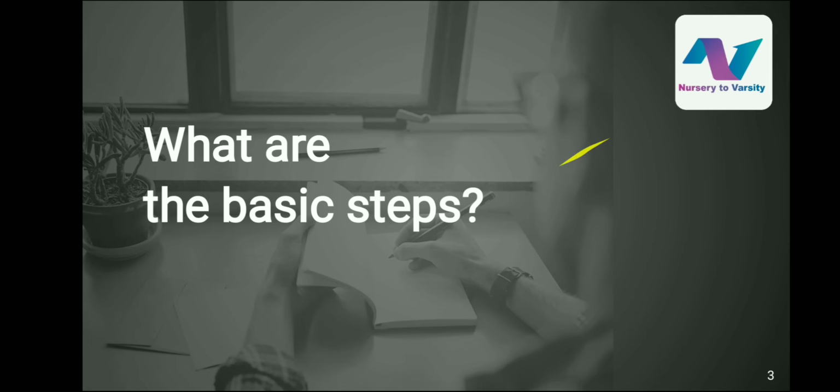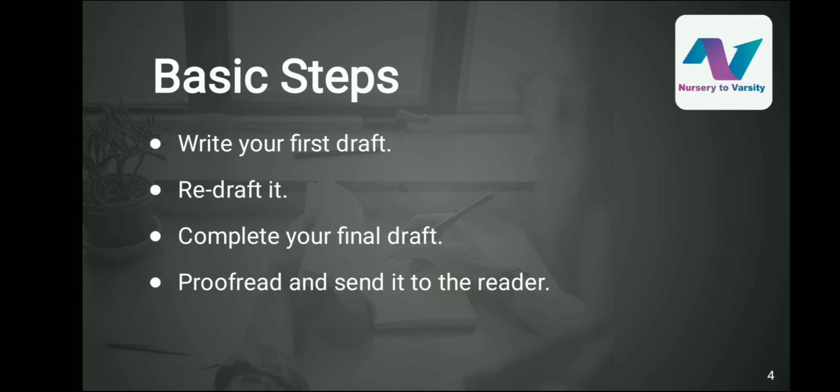Let's see the steps. The first step is write your first draft. The second one is redraft it. The third one is complete your final draft, and the last one is proofread and send it to the reader. All four steps are very basic in writing any document or any presentation.